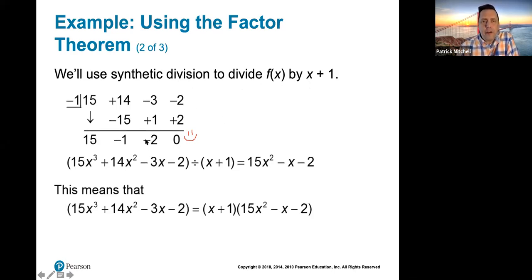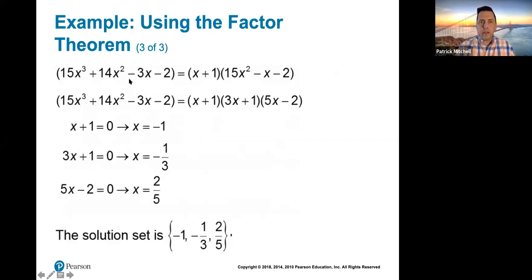All right, so reading off this answer over here, we get that 15x cubed plus 14x squared minus 3x minus 2 divided by x plus 1 is 15x squared minus x minus 2, which equivalently can be written like this. So now all we have to do is just factor the rest of 15x squared minus x minus 2. All right, so that's going to happen on the next slide.